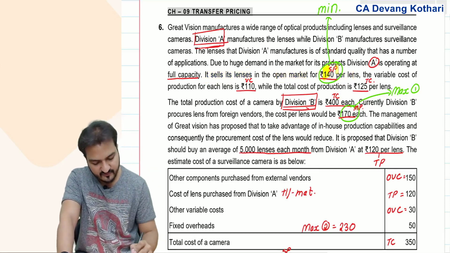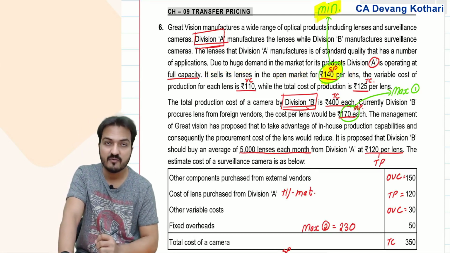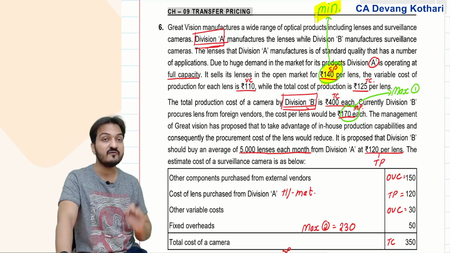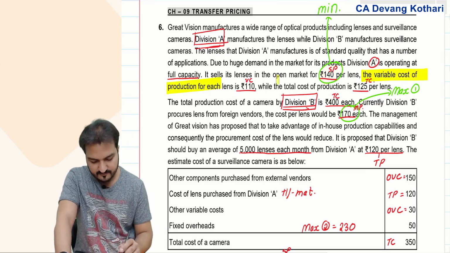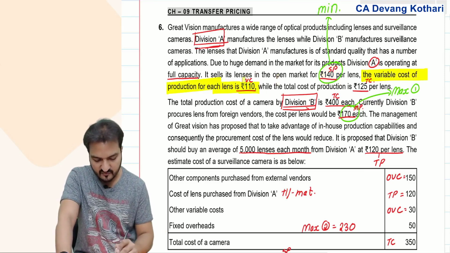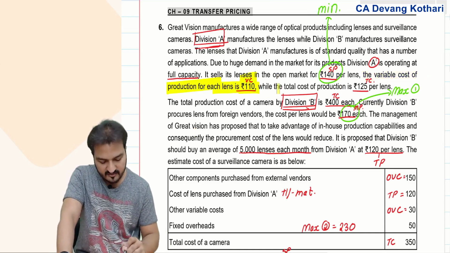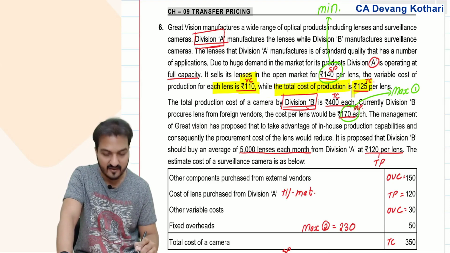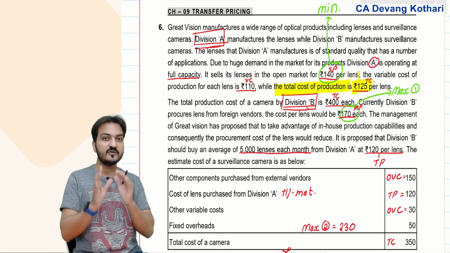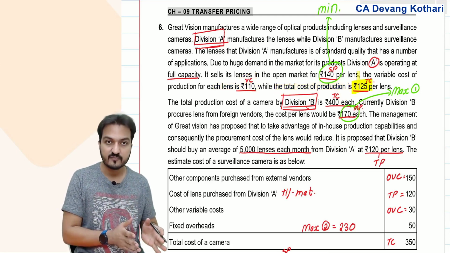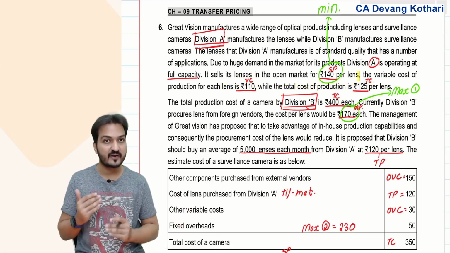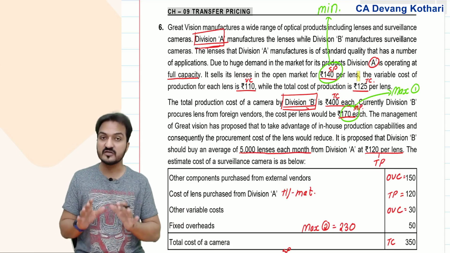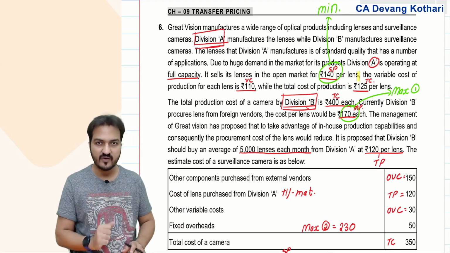So I can say that this 140 itself becomes the minimum TP that A will want if it will do the transfer. The variable cost of production of each lens is 110, and the total cost of production is 125. If the total cost is given, then this total cost as such is not useful in my transfer pricing decision, because for transfer pricing decision, what I need is variable cost.